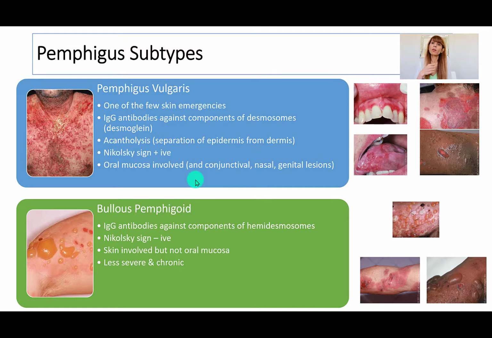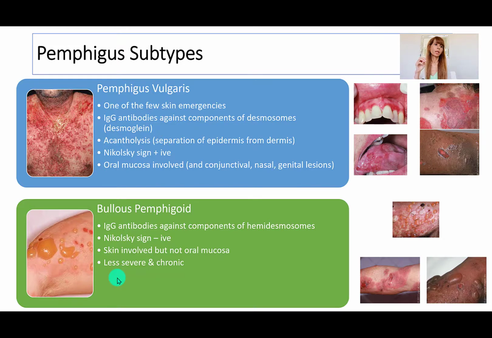Bullous pemphigoid, on the other hand, is a little bit more chronic. Patients are going to be more stable. They may show bullae, they may have all kinds of symptoms, but they are going to be milder symptoms. Patients are still going to have IgG antibodies, but these are against hemidesmosomes. The Nikolsky sign is going to be negative, although there is loss of adhesion between the dermis and epidermis, it does not lead to Nikolsky sign.